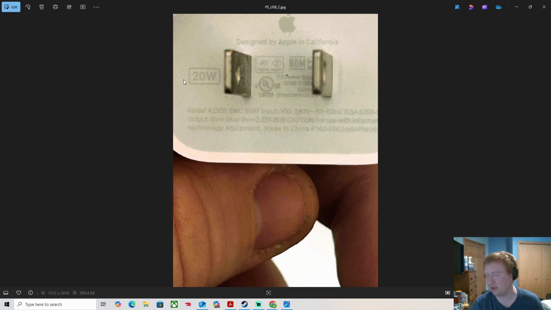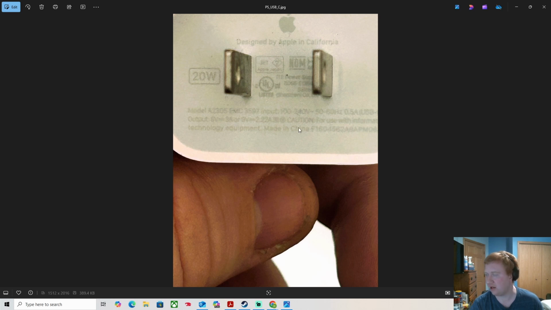And technically, I guess you could say that 15 watts is practically 20, but I wouldn't go that far. I'd say that it's reflecting the 9-volt specification rather than the 5-volt. So yeah, the 5-volt will get you more amps maximum. It's just how V equals IR works out.